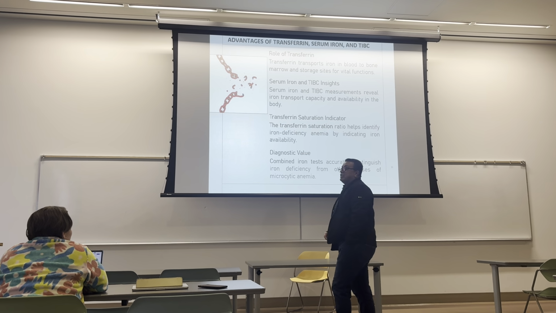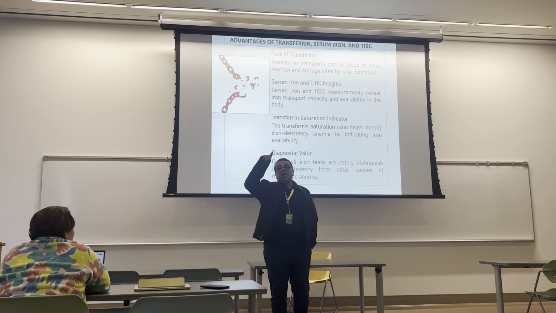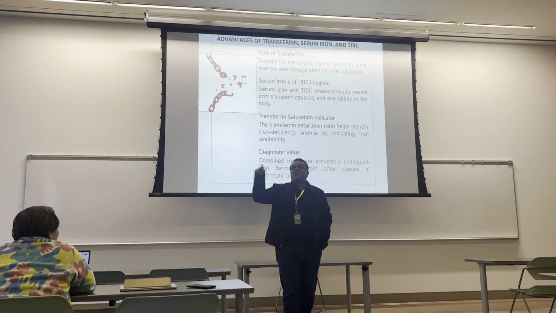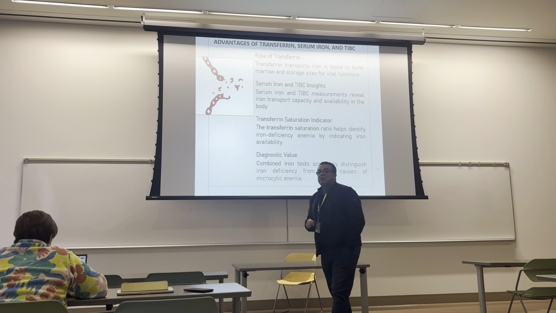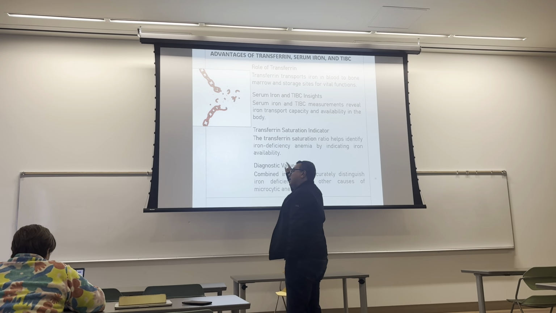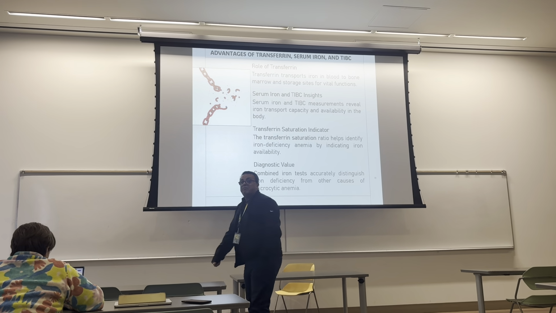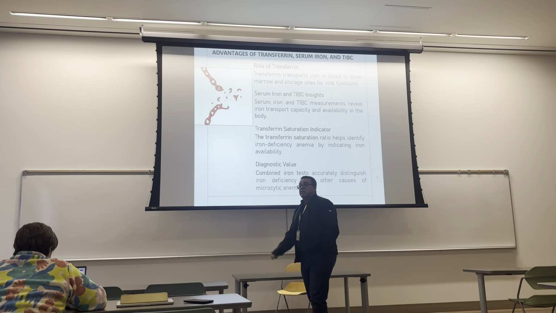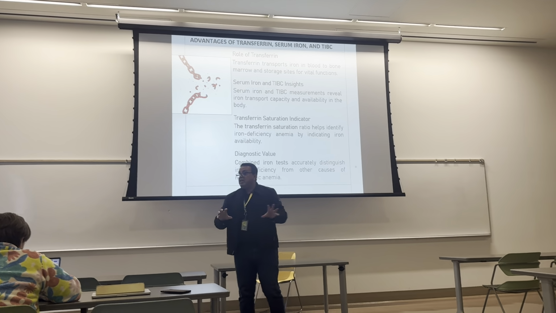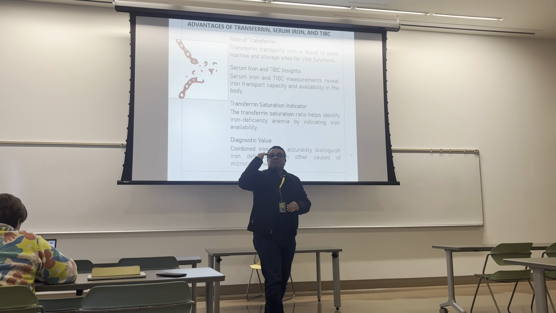Usually, the transferrin saturation is calculated by the serum iron divided by the total iron binding capacity multiplied by 100. So all three are linked together.